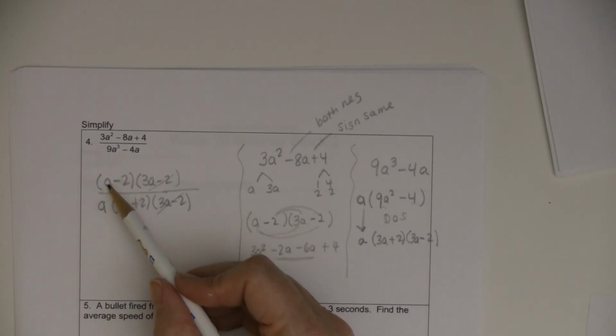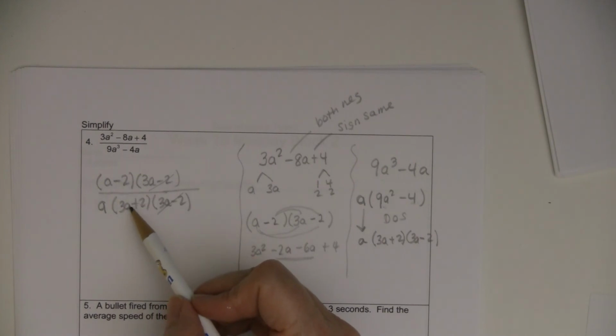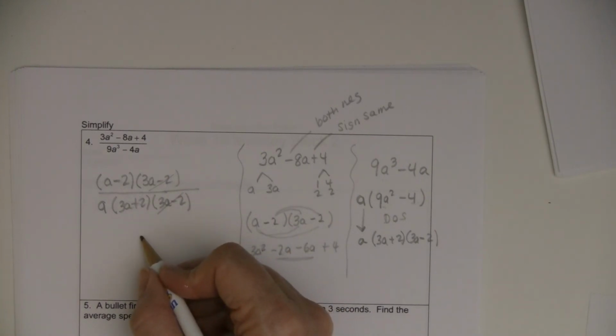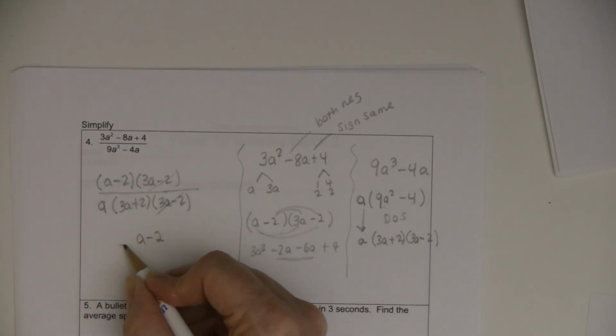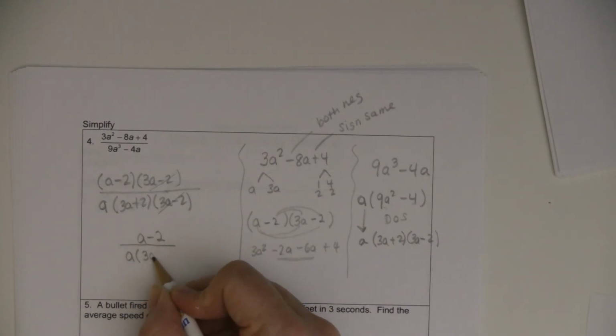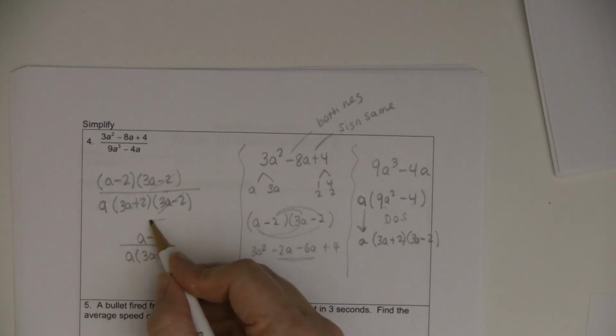This one is a minus 2, and this one's 3a plus 2. So even if they both have an a and they both have a 2, they're not exactly the same. So in the numerator, I have a minus 2 with or without parentheses. And in the denominator, I have a times 3a plus 2. And then that's all done.